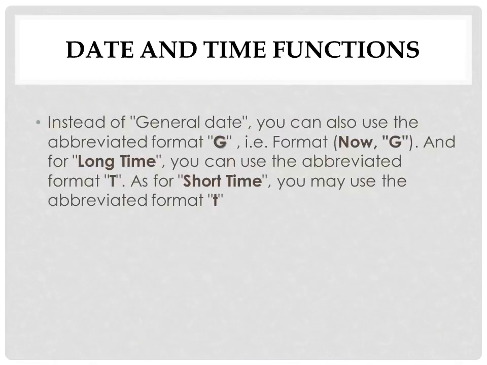Instead of general date, you can also use an abbreviated format, like for example G instead of general date. Or for a long time, you can use the abbreviated format T. As well as for short time, you will use the abbreviated format, the small t.